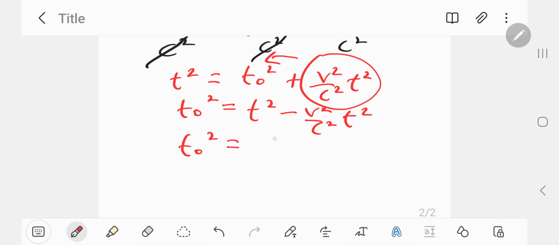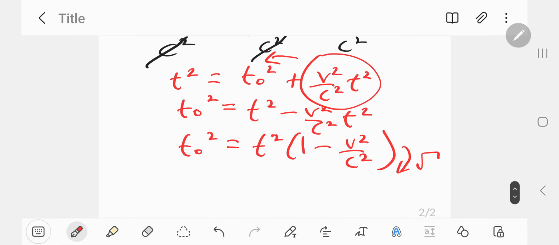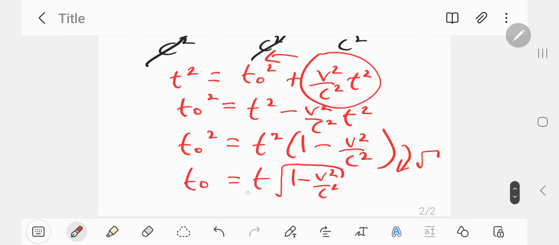Let's factor out the t squared, so it's 1 minus v squared over c squared. We're pretty much done. Let's take the square root of both sides. The squares cancel out, because square and square root are inverse operations. You're left with the square root of 1 minus v squared over c squared.